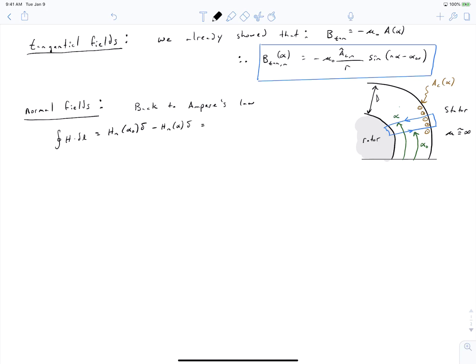And this quantity is equal to the current enclosed in that loop, which is an integral over the arc of the circumferential current density, from alpha 0 to alpha. And if we write this as an expression for Hn of alpha in terms of all the other quantities on the right-hand side, we get this expression.